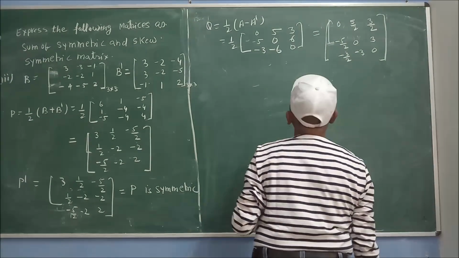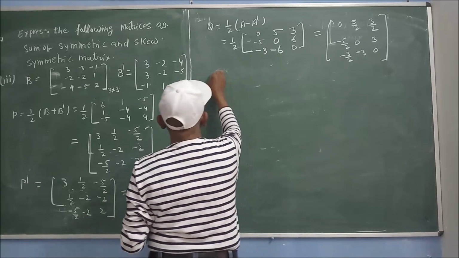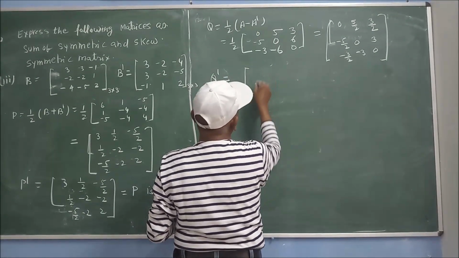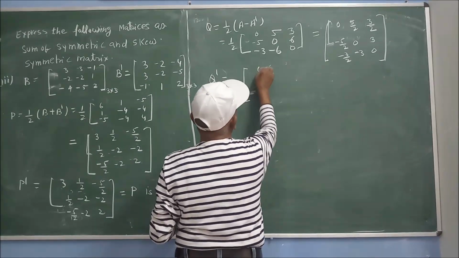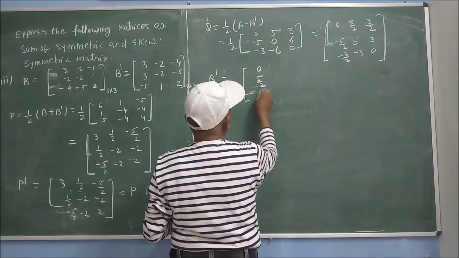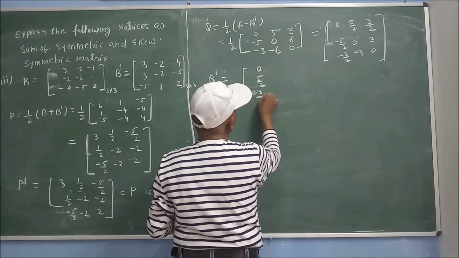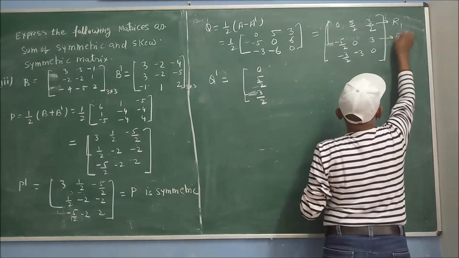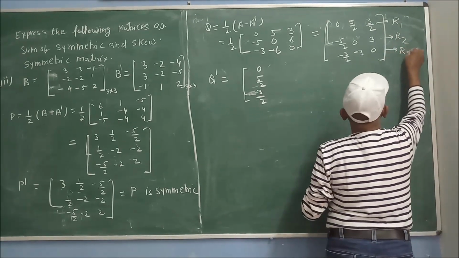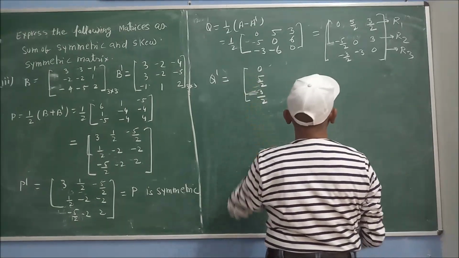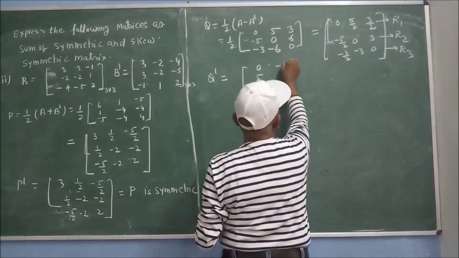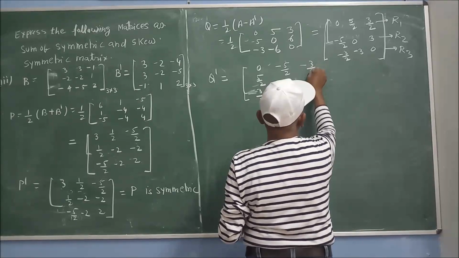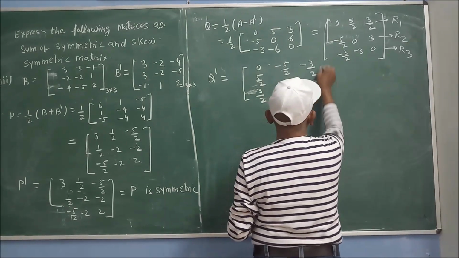Again, find the value of Q dash. Q dash can be written as, arrange this, 0, 5 by 2, 3 by 2. Change R1, this is your R1, here is R2 and this is your R3. So write all elements of R1 as C1 and R2 as C2: minus 5 by 2, 0, 3, minus 3 by 2, minus 3 and 0.